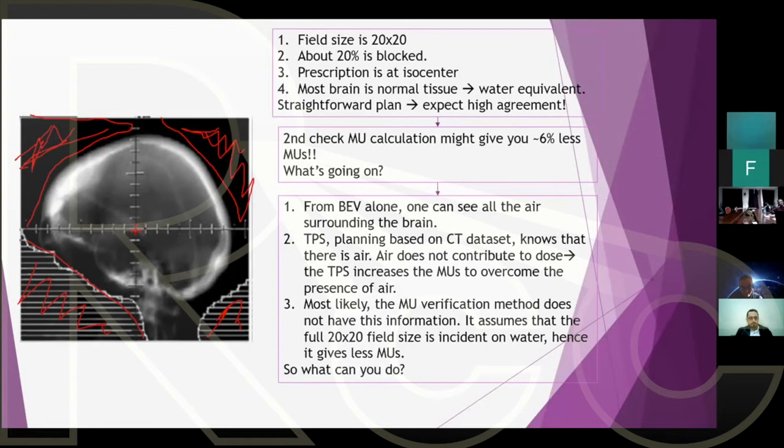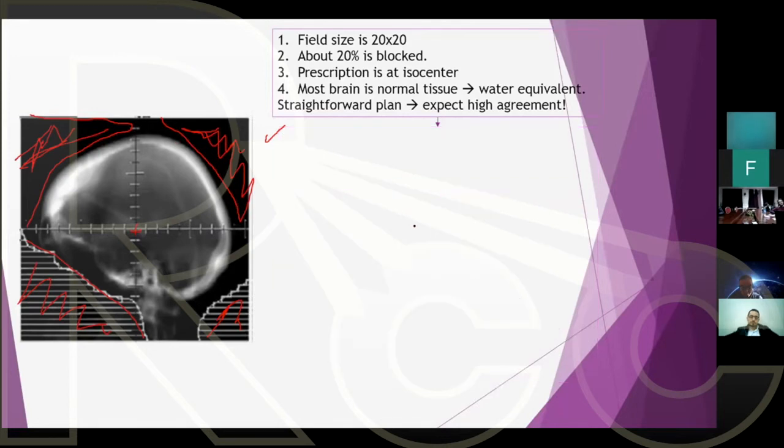It will give extra MU to overcome what it sees as missing tissue. It's as if your second check program assumes the entire 20 by 20 field size is incident on water, right?